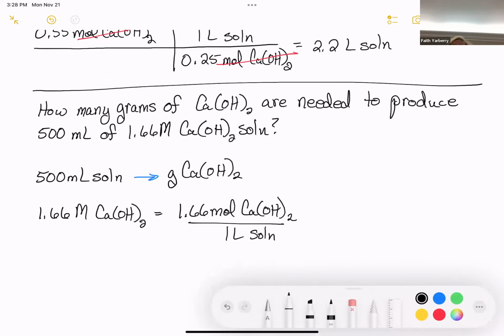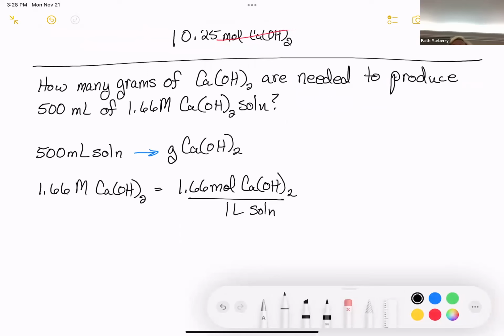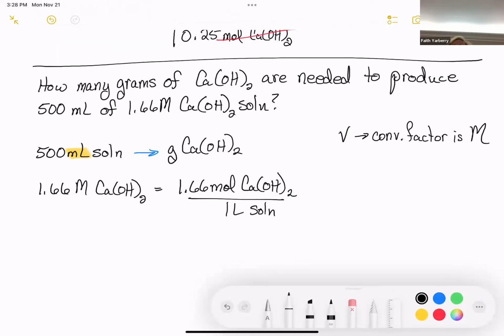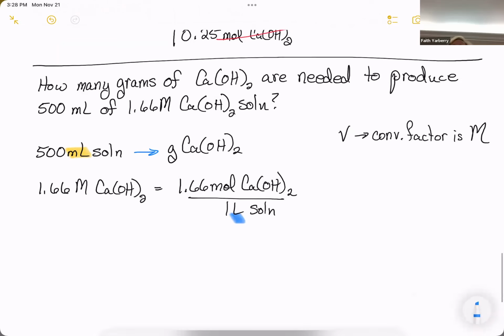Now, tearing this thing apart. First thing I see, okay, I have a volume. Volume means that my conversion factor is molarity. Now, I notice though that with my molarity, I'm dealing with liters, whereas I'm starting with milliliters.